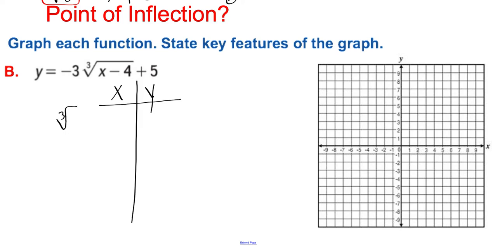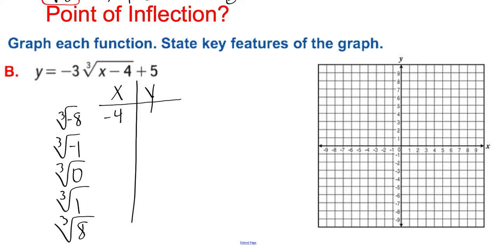We got cube root -8. Okay, we got cube root -1, cube root 0, cube root 1, cube root 8. Figure out what numbers we're going to use to get those. So first one, -4. Next one will be a 3, then a 4, then a 5, and then a 12.